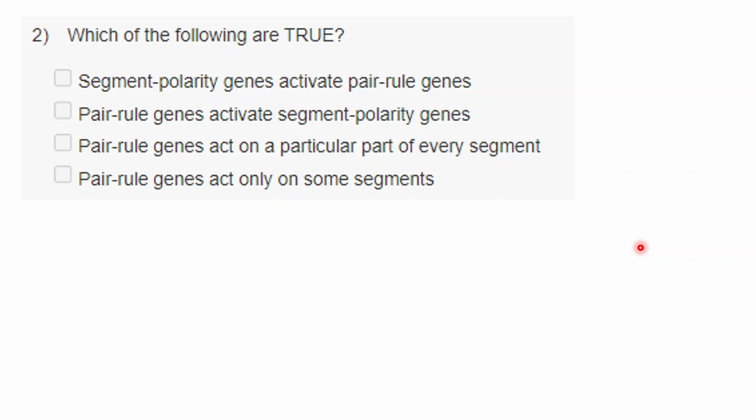Now out of these statements, which are the statements that are true? Take your time and let me know what you think is the correct answer. If you're not able to figure it out, you can just guess or let me know that you're not able to figure it out.